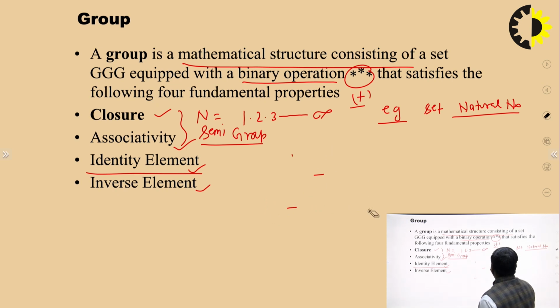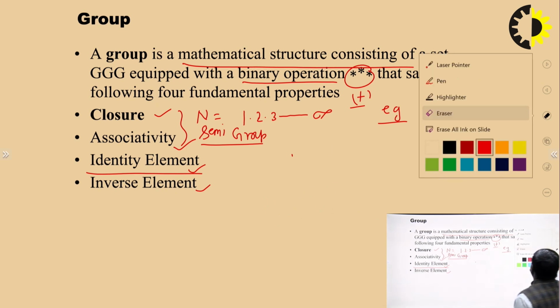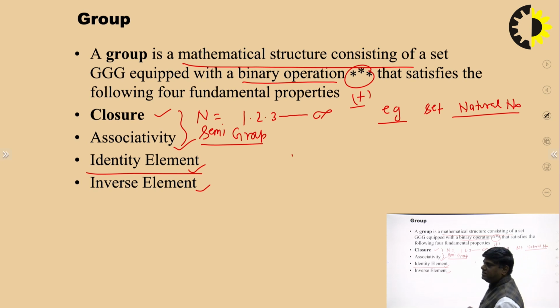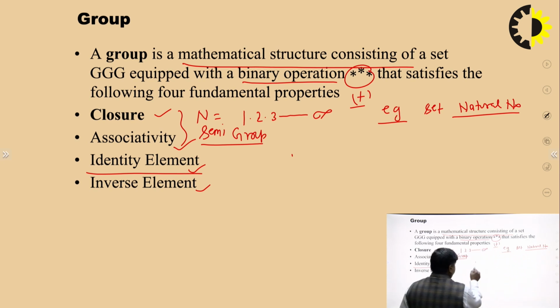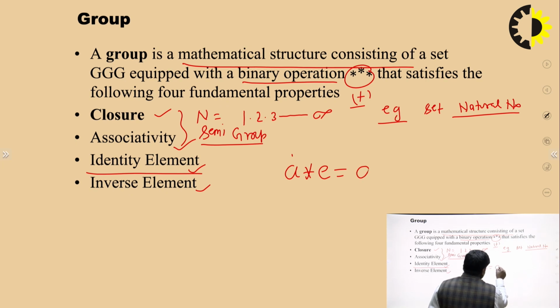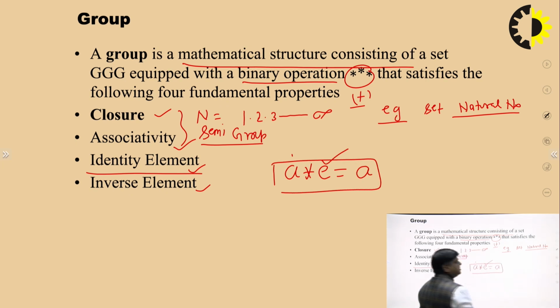What is the identity element? That is the very simple definition: if for every element, the operation and the result are the same, then this element is known as the identity element.